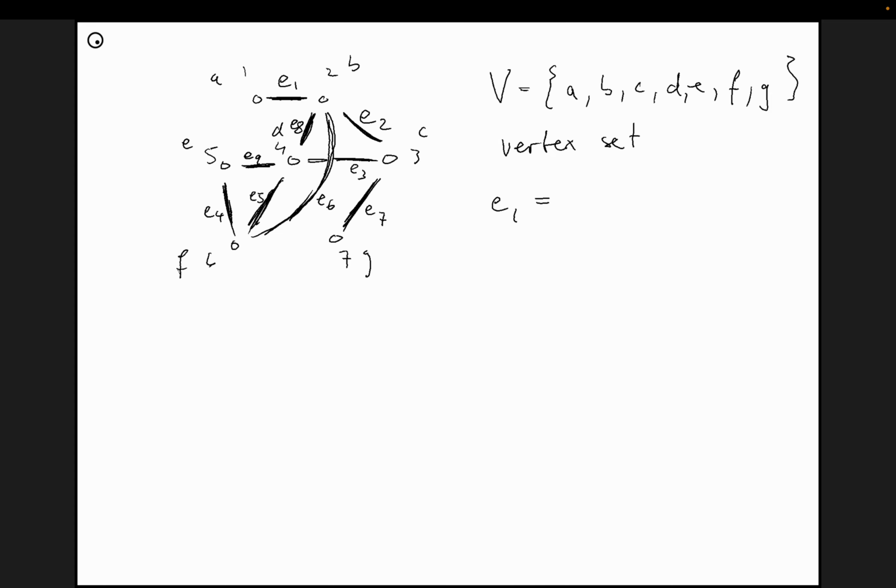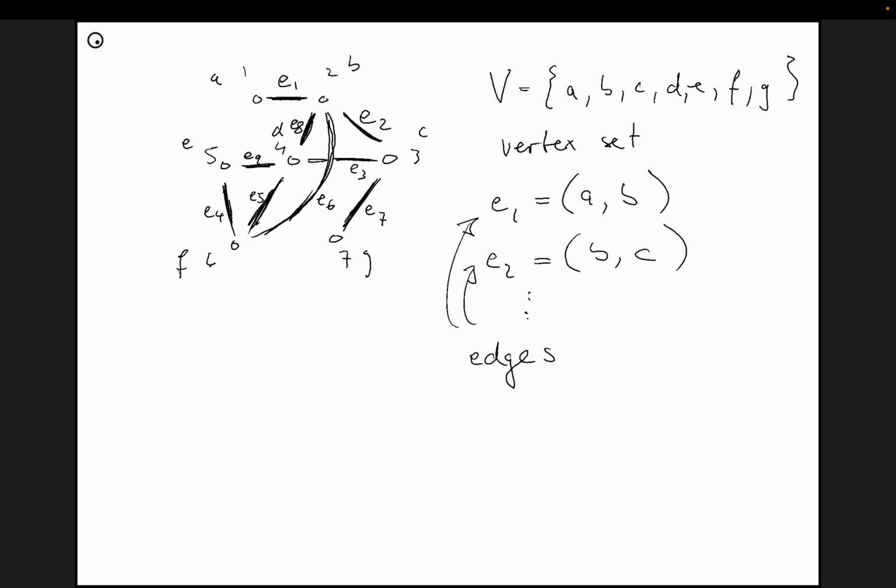E1 we can denote like that, AB. E2 is BC, and so on. Those are called edges. So what is a graph now?